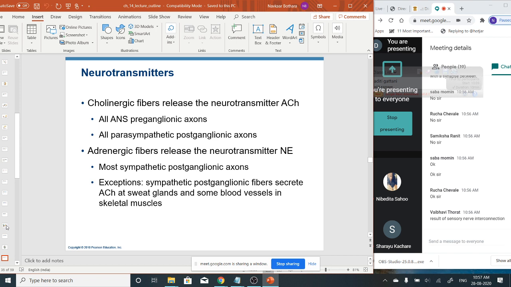Cholinergic fibers release the neurotransmitter acetylcholine. All ANS preganglionic axons, now which are these? From now onwards, we are forgetting the term ANS.